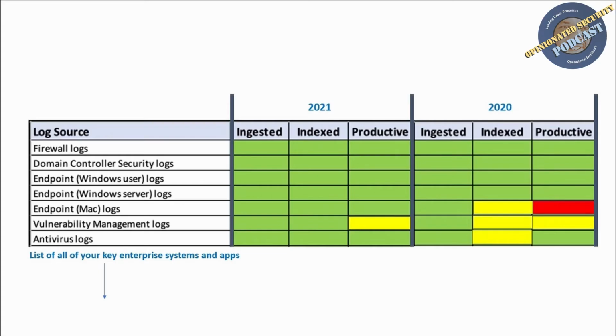Something that shows you can generate value from this investment in order to gain more future support for investment in your logging program. The higher level of presentation that you give, the more you can simply trim your list of log sources to the ones that are most important to that set of executives or board members that you are presenting to.